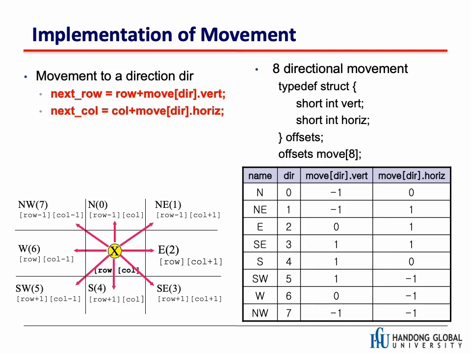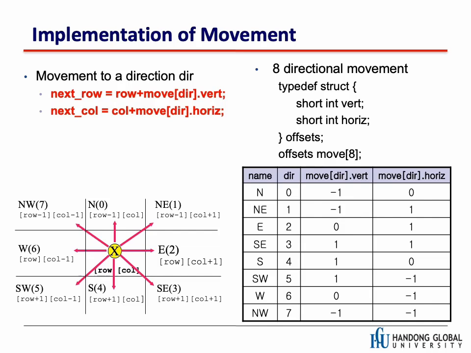For the vertical, we have -1, 0, and 1. For the horizontal, we have 0, 1, and -1. Based on the combinations, we can get 8 directions. We can use vertical and horizontal to indicate the directions, but instead, we will use a structure, offsets. We have an array of these offsets, and the size of this array is 8.